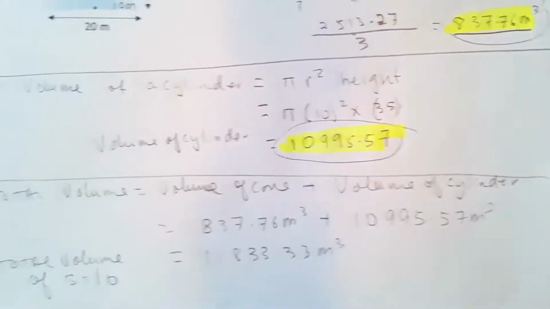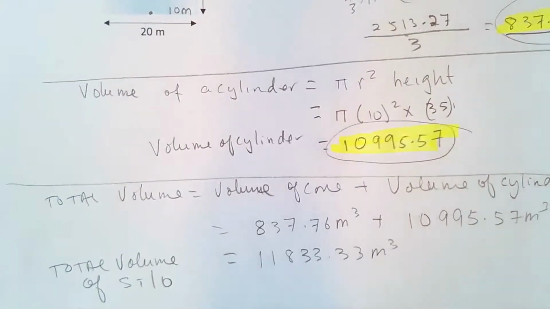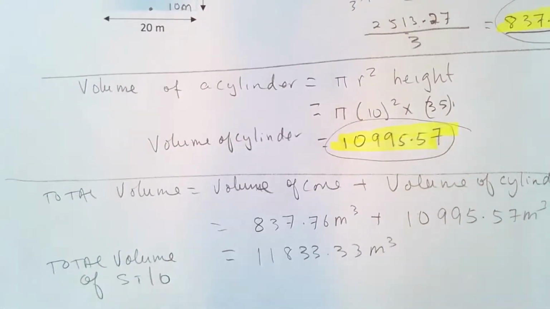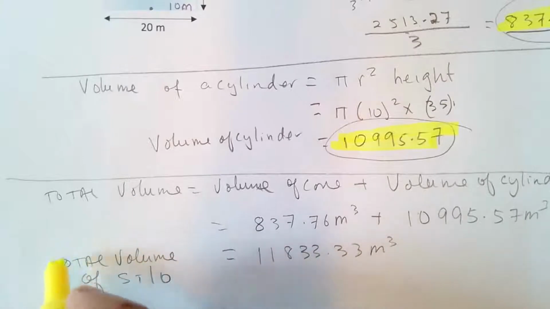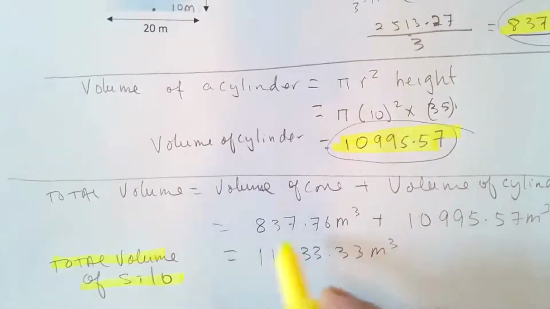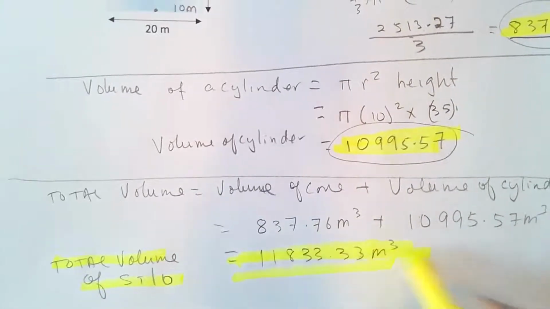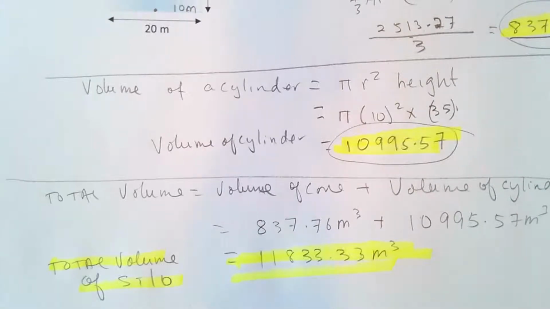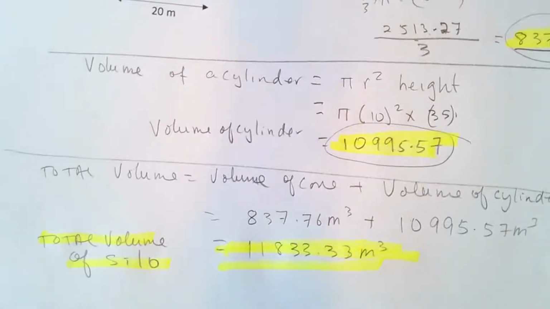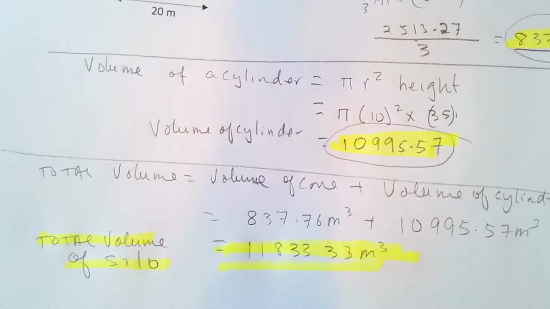So we can conclude the total volume of the silo is equal to 11,833.33 cubic meters.